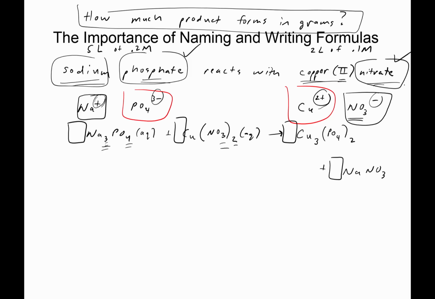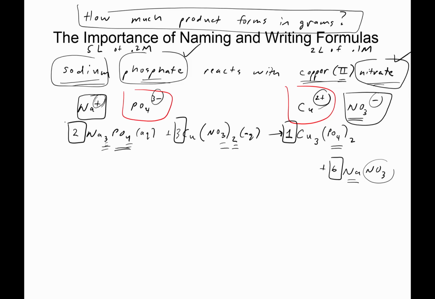So if you go ahead and balance this, you would need a 2 here to balance the nitrate, because there's 2 on this side. You would need a 3 here. Actually, because of that copper, now you have 6 nitrates, so you need to change this number, put a 6 there. And now you have 6 sodiums because of that 6, so you'd put a 2 there, and then it's balanced. That 2 also fixes the phosphate, and then it would be balanced.